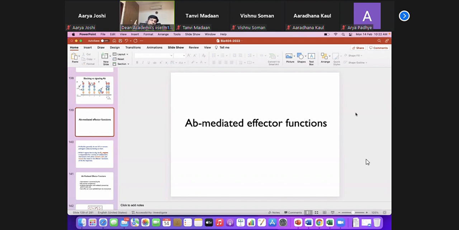But there is one pathway that we call cross antigen presentation, where this internalized antigen will be processed and the peptide generated will be loaded onto MHC class 1 to activate your cytotoxic T cells.